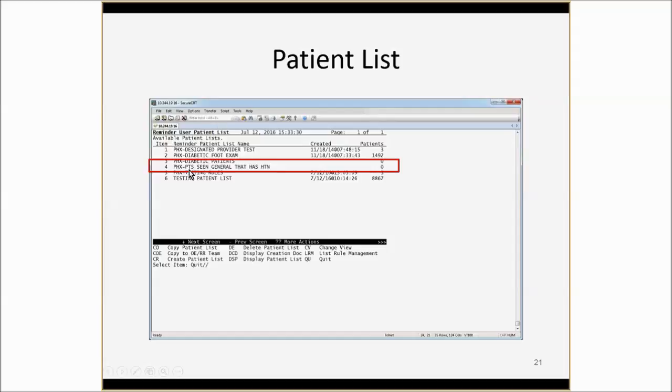So here is the list. Now I don't have any patients because I created this rule, and of course this is a training database. I didn't have enough patients, but I have been creating other team list rules.